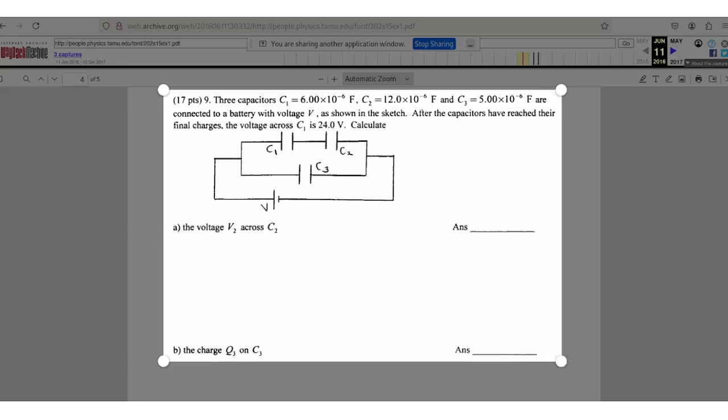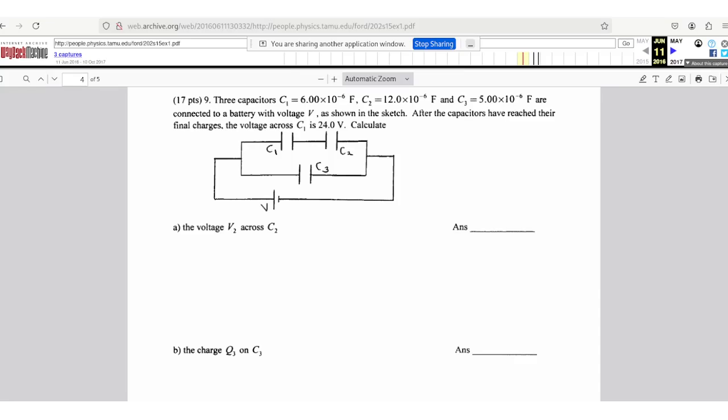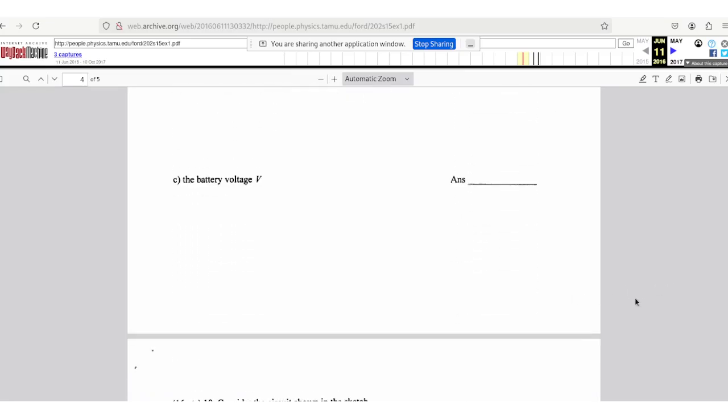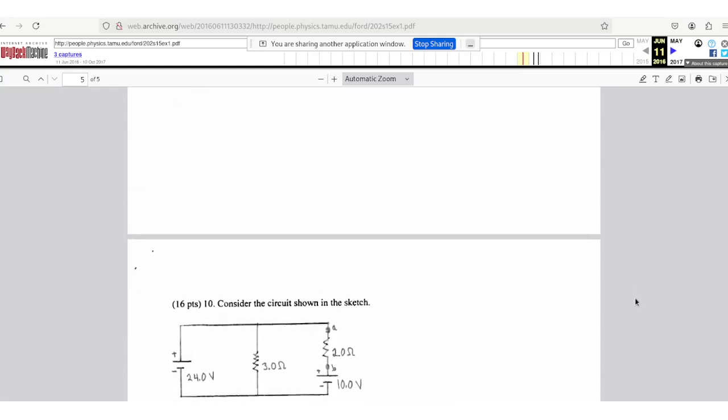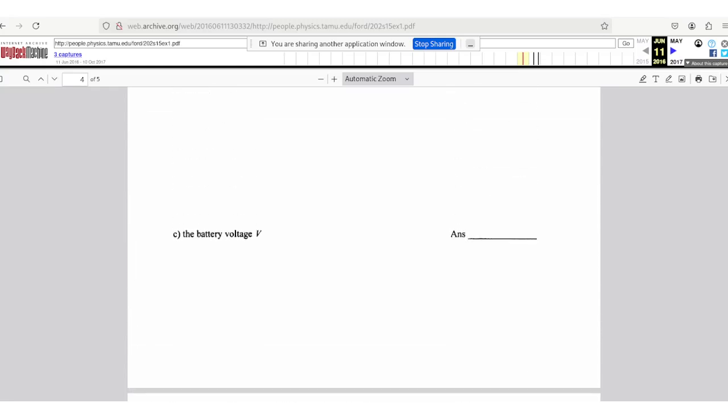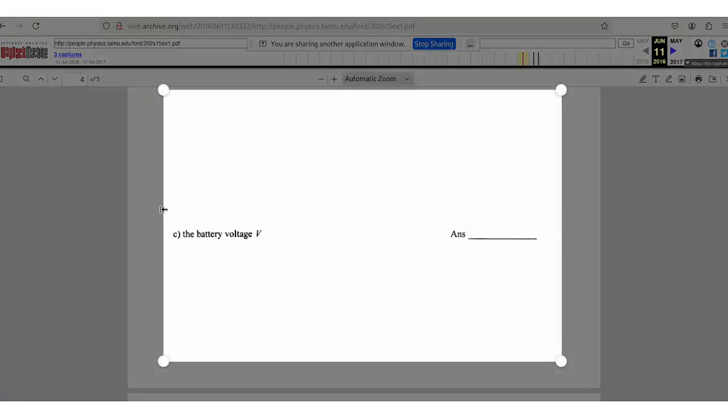Grab that. Paste it over here. Yep, do that. And make sure there's no further questions in here. Is there part C? There is. Alright, let's grab that as well.